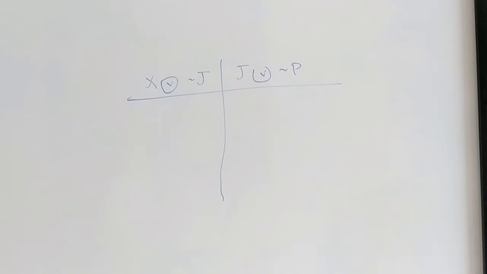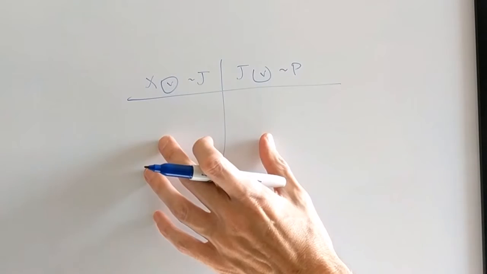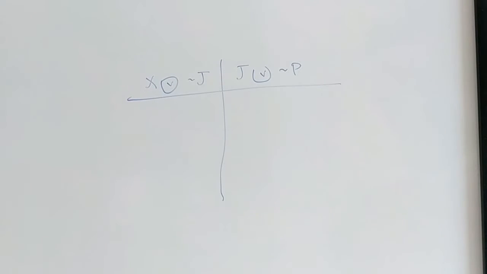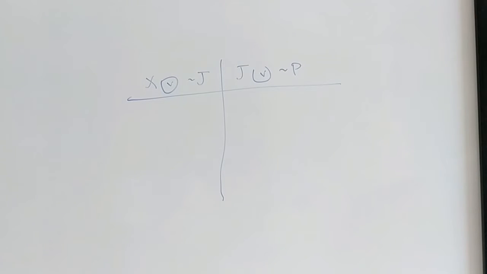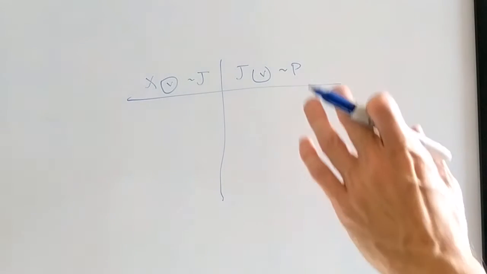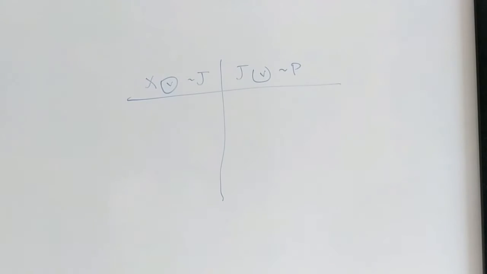All right, let's use the indirect method on statements that require that we fill out more than one line. When we have a conjunction or any statement in which the truth value can be true only one way, in the case where we have a conjunction as one of our statements, there's only one way that a conjunction can be true. And so we can get away with only filling out one line.